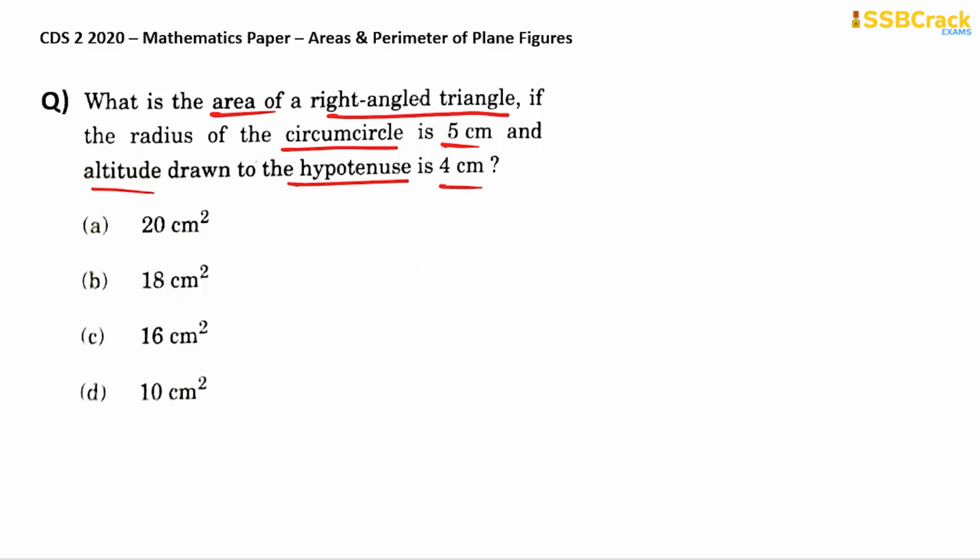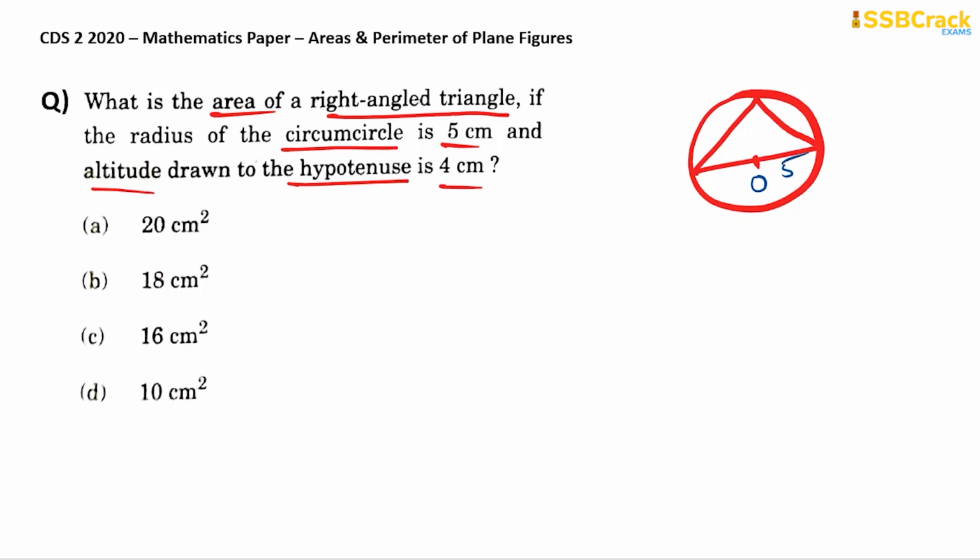The triangle has a circumcircle, right? And for that right triangle the diameter will be the hypotenuse, and we are known to the radius. This is the center of the circle.